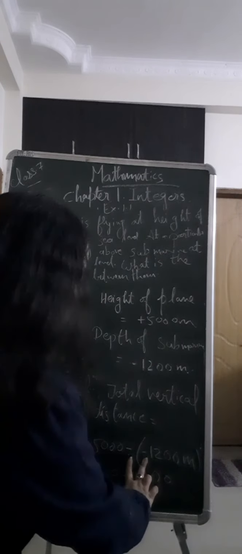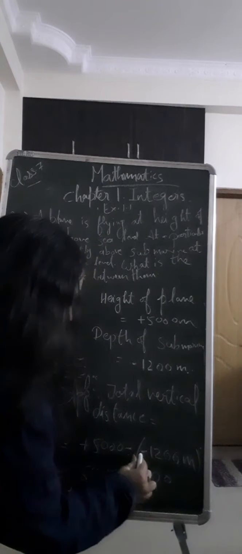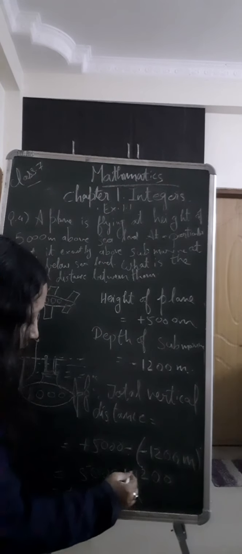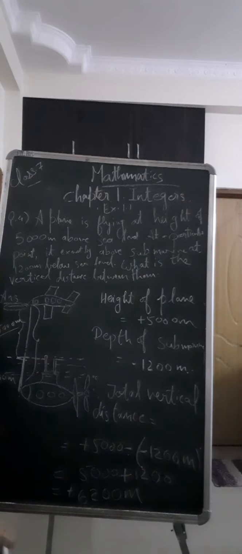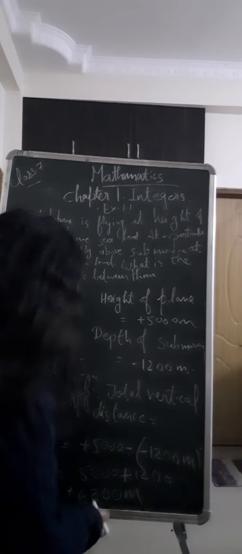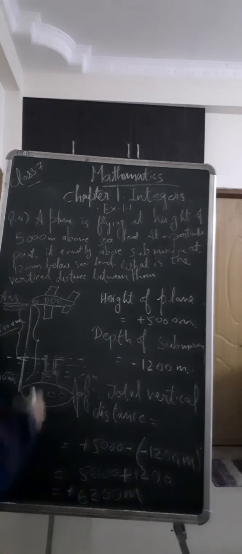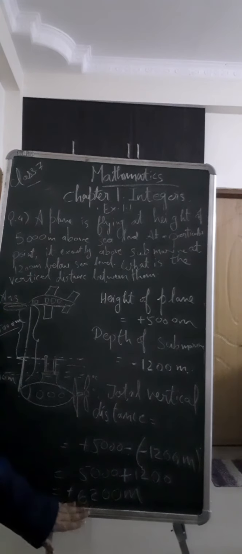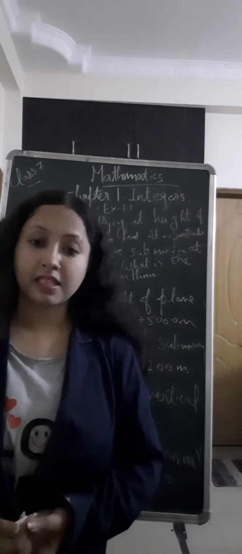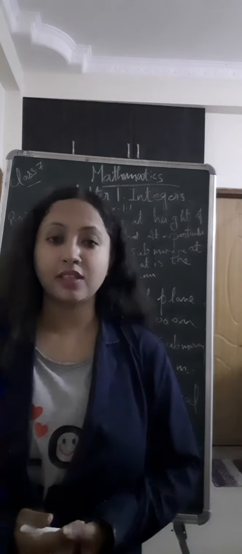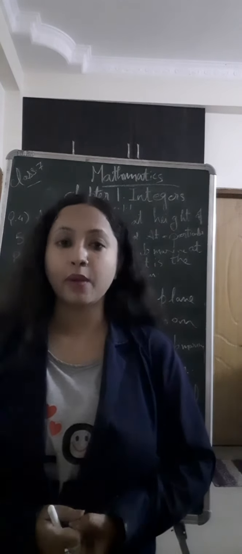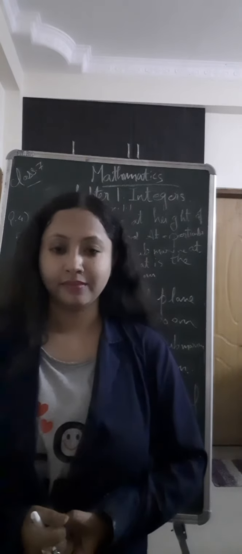Now since here two minus operations are coming, it will get converted to addition operation. So 5,000 plus 1200, so we will get positive 6,200 meters. So what will be the vertical distance between them? It will be positive 6,200 meters. So children, hope you have understood. Now next we are proceeding to our question number 5.